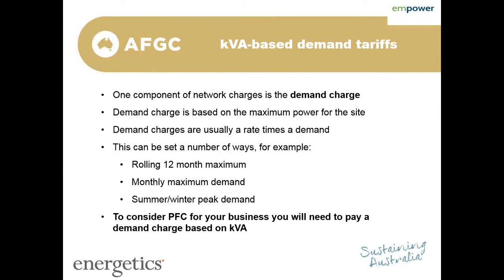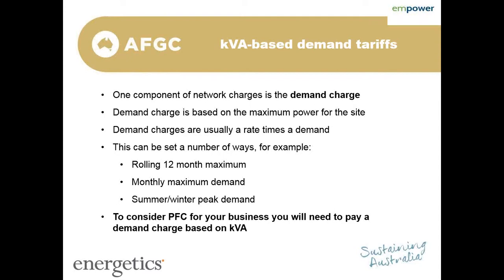So the demand charge, what it's effectively doing is you get charged on the maximum amount of power your site draws. There's a few different ways this is charged, but what it's really doing is making sure there's enough capacity in the system, typically on those hot summer days when demand is highest, to make sure everyone can get the power they require.